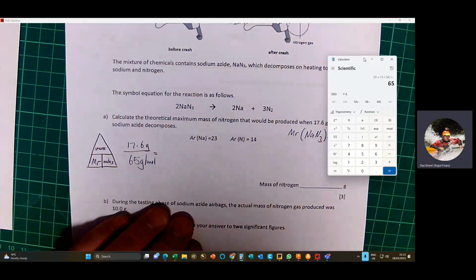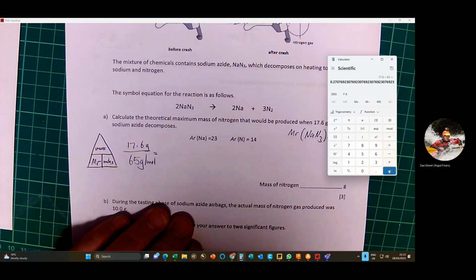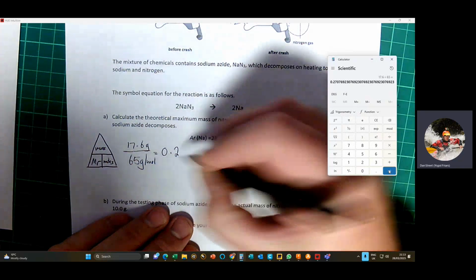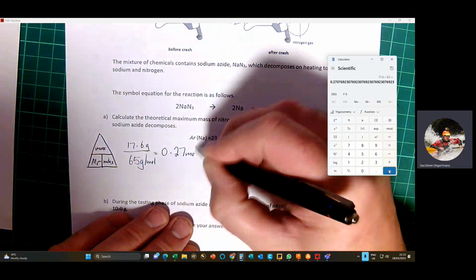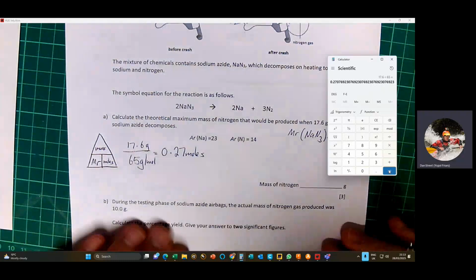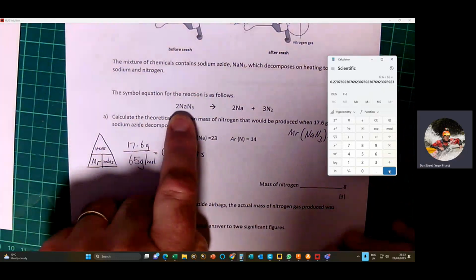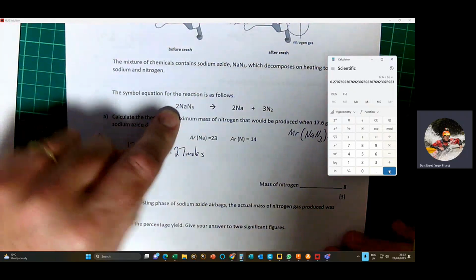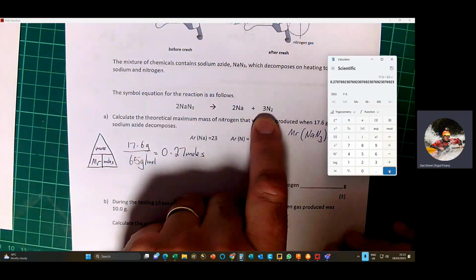So let's put that into the calculator. 17.6 divided by 65, okay, is 0.27 moles. Okay, now if we have a look at the equation now, we see that for every 2 moles of sodium azide, we get 3 moles of nitrogen.